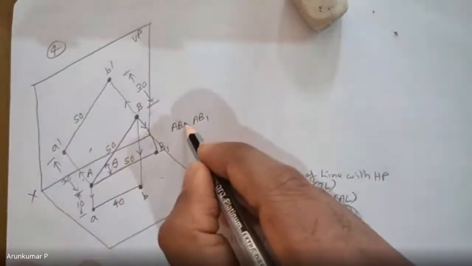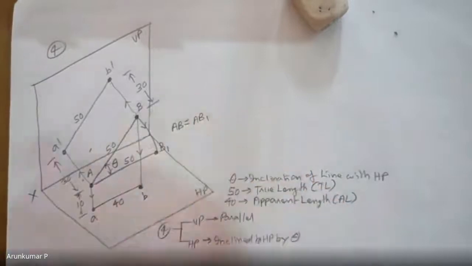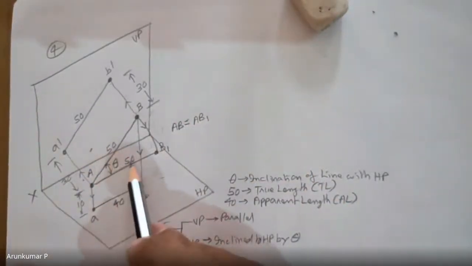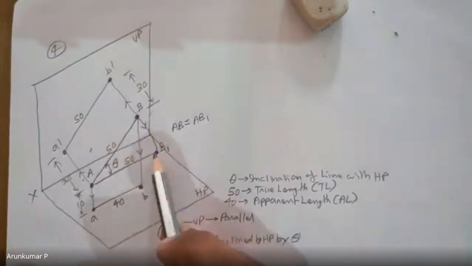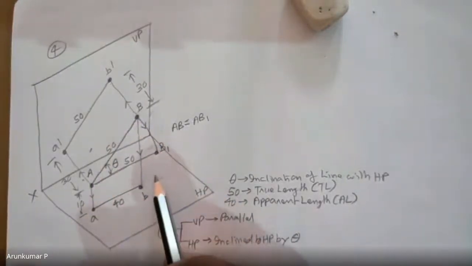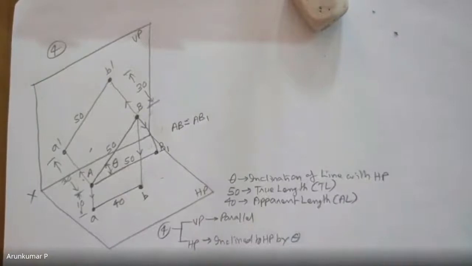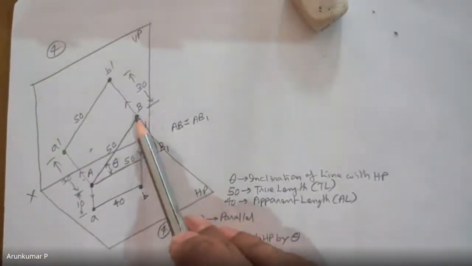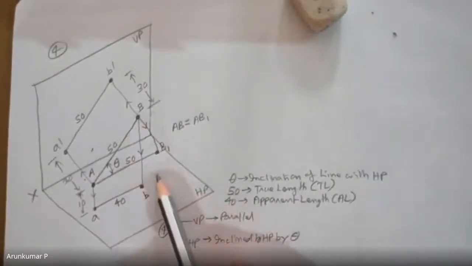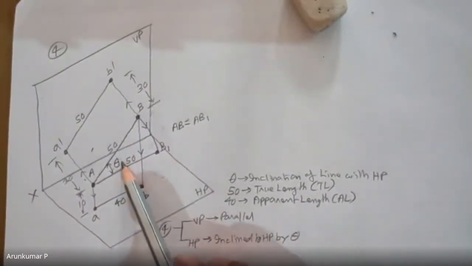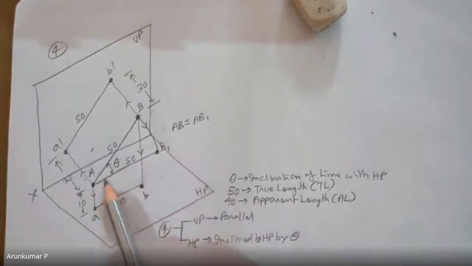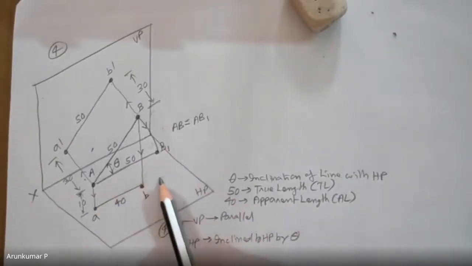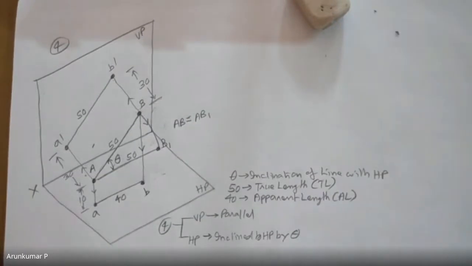So one thing is very sure, AB and AB1 are the same. It was 50 mm, it is 50 mm. Only thing is you have rotated it and made it parallel to HP. So the only difference between AB and AB1 is AB is not parallel to HP, it is at an angle to HP, whereas this line AB1 is parallel to HP. Clear?